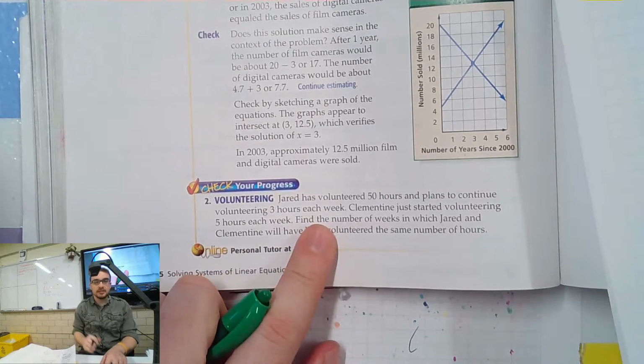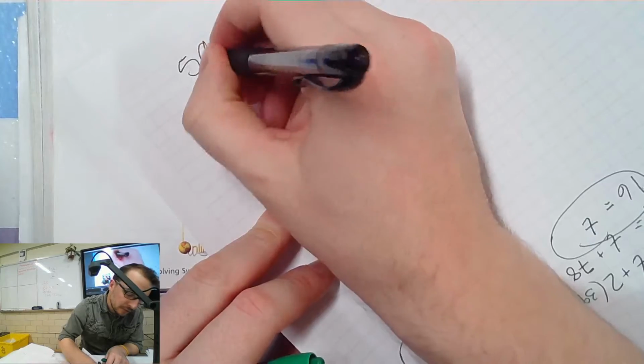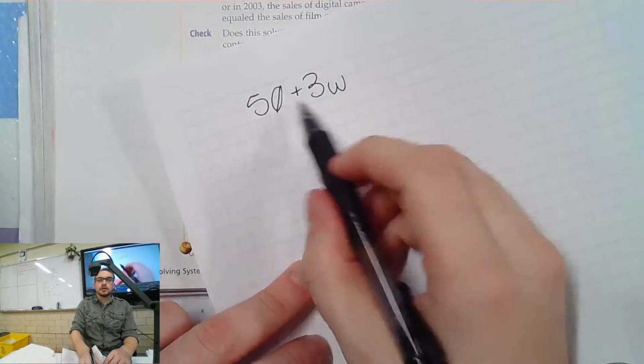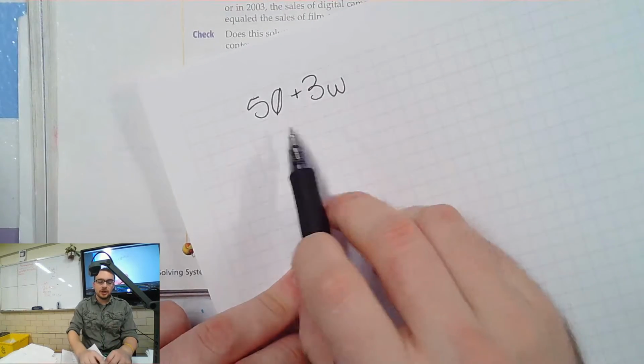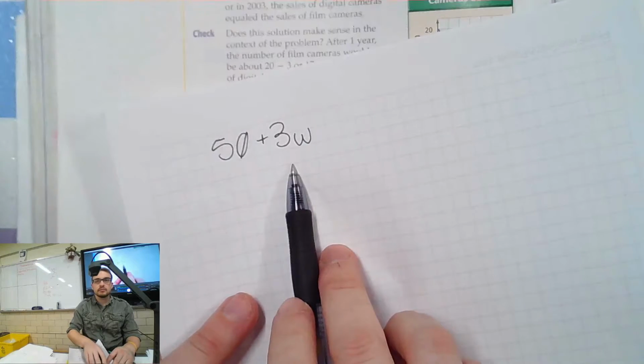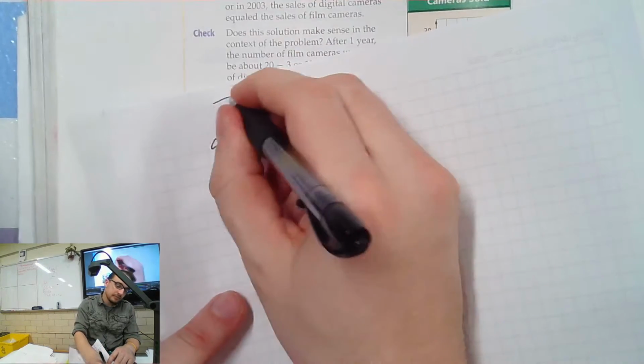How do we represent Jared's work as an expression? 50 plus 3 variable. Let's call W for weeks. That's how much Jared's working, right? He's starting with 50, then he's adding on 3 hours every week. Make sense? Okay. This is Jared.